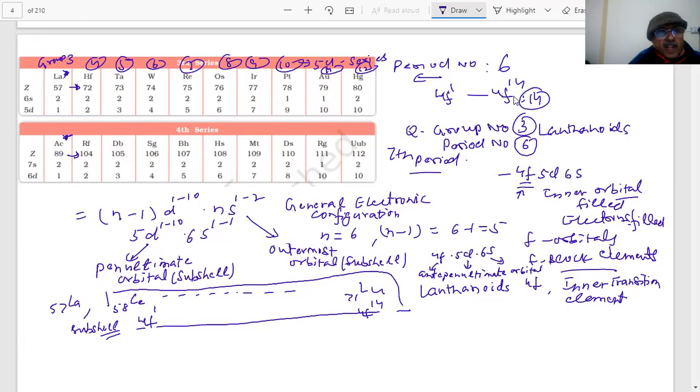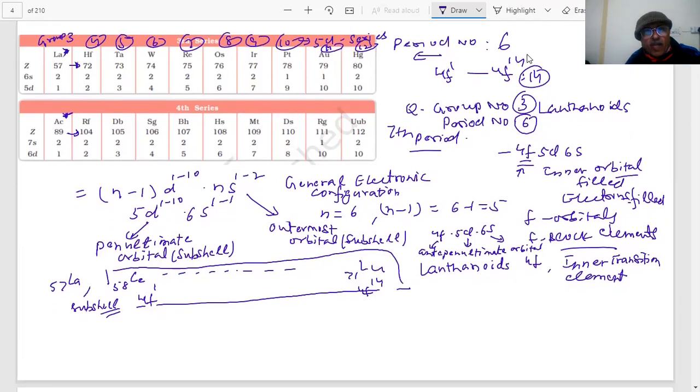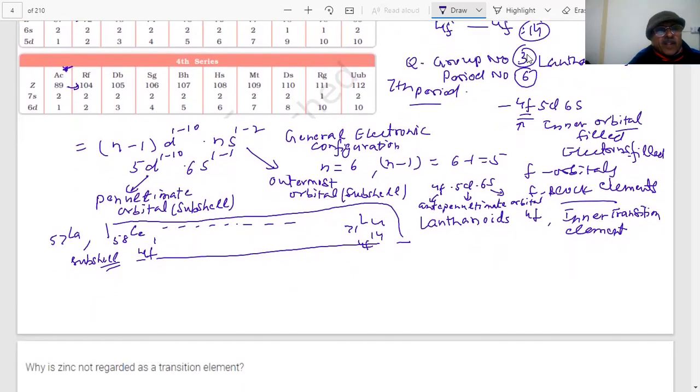After 89 you have atomic number 90, which is thorium. 89 is actinium, 90 is thorium. Then 14 elements are missing, students.